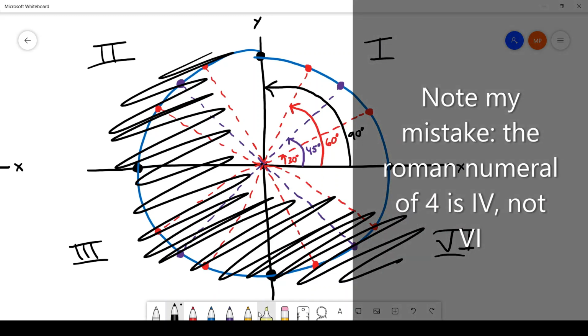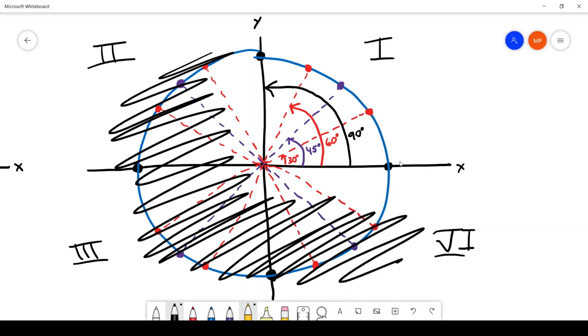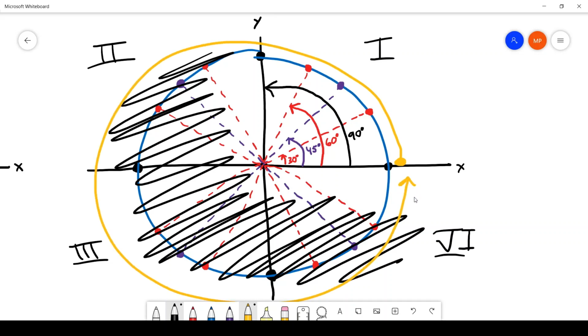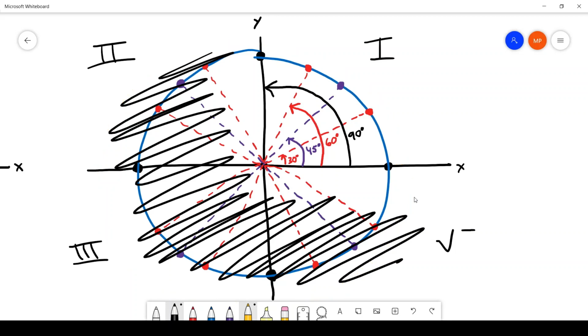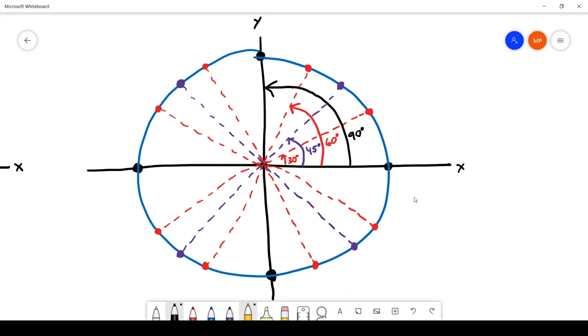And so this is also the reason our angles start from the yellow in the first quadrant and go around the unit circle in this direction. That's how our angles are going to be labeled. And so just keep that in mind, because it sucks to memorize. And so we're just going to only focus on this first quadrant over here.